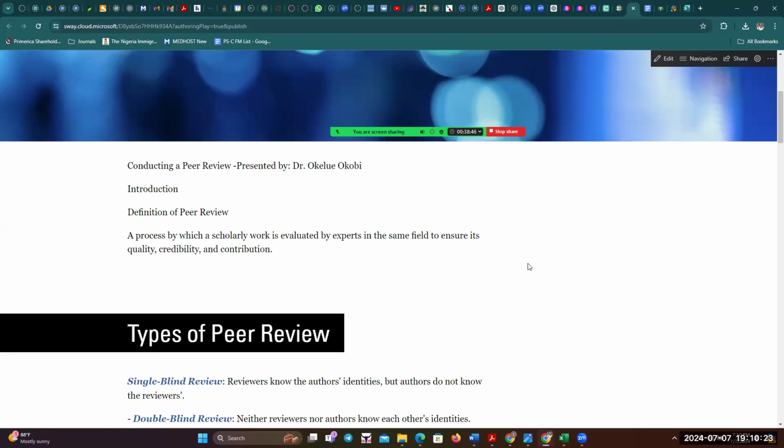There are several definitions out there in the public. One of the ones I picked was the process by which a scholarly work is evaluated by an expert. And an expert does not necessarily mean one person sitting in Harvard University looking at it, right? As long as you've had a basic training in research or within that niche, like a physician who's fact-checking another physician's work, a specialist fact-checking another specialist's work.